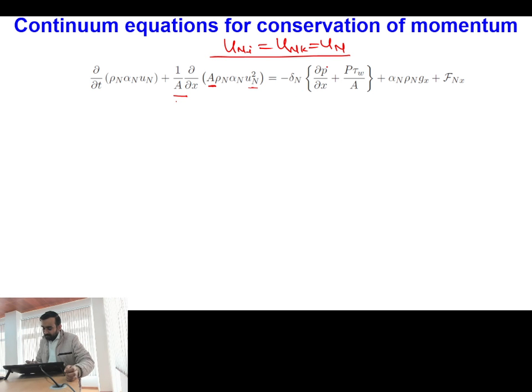Then minus delta n del p by del x, and then to account for the shear force, this shear stress should also act only in a single direction. So that's why it is written in the form of perimeter times tau w by area. P means the perimeter of the cross section.